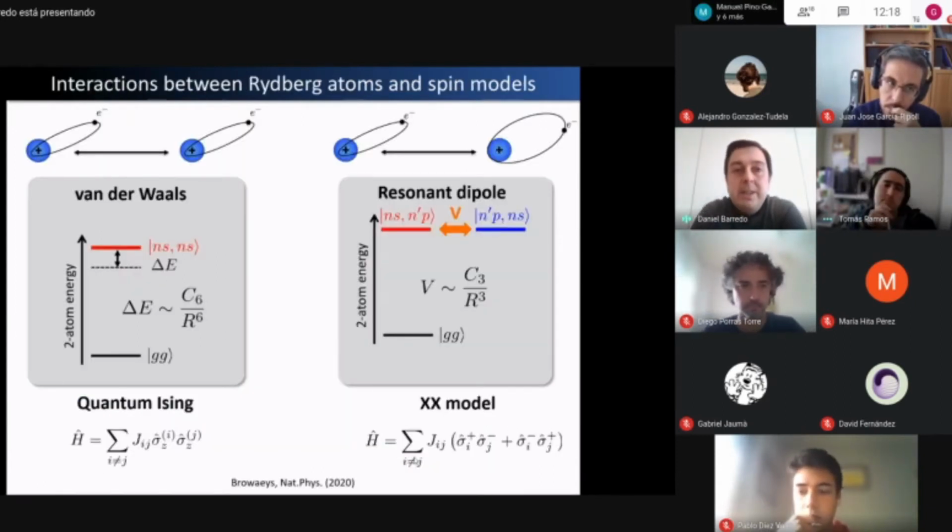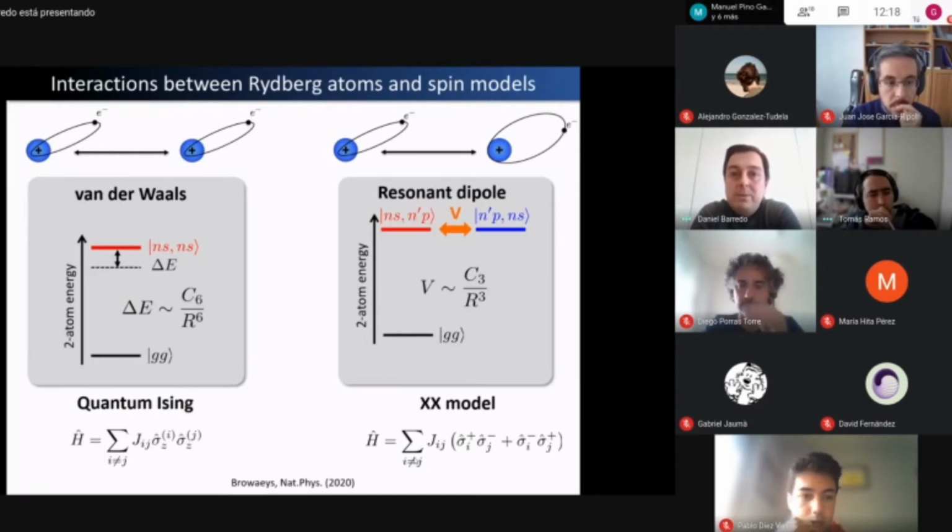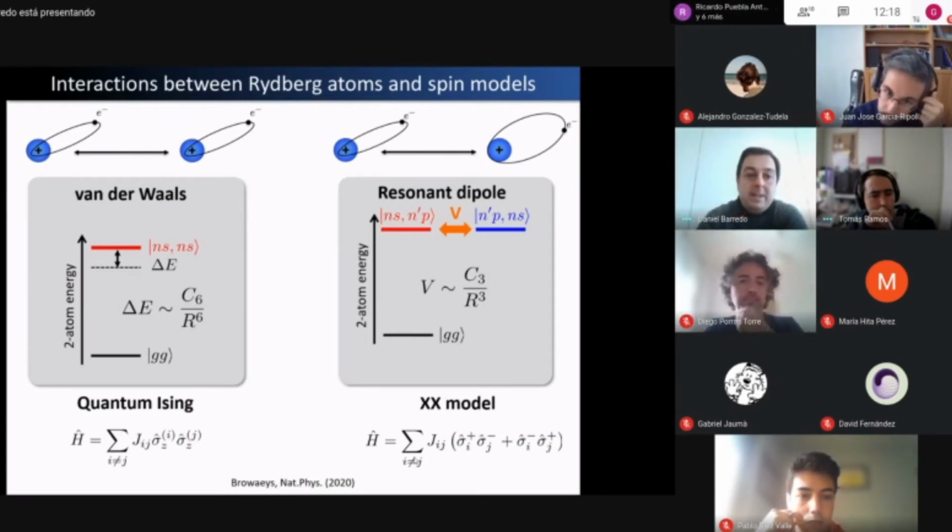Okay, and now for the interactions, there are different types of interactions that you can have when you have two Rydberg atoms. Perhaps the most well-known type of interaction is the van der Waals interaction. That is just a diagonal shift in the coupling matrix. This happens when you have two atoms in the same state, nS, nS in this case.